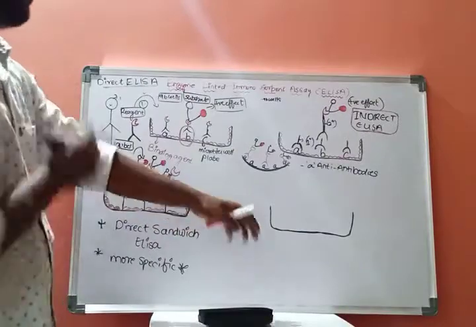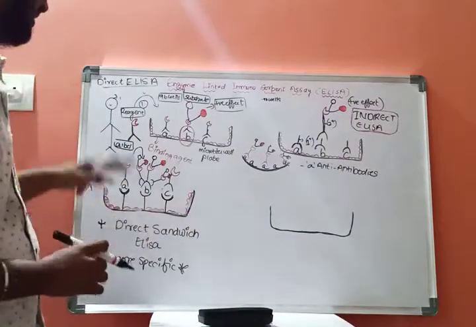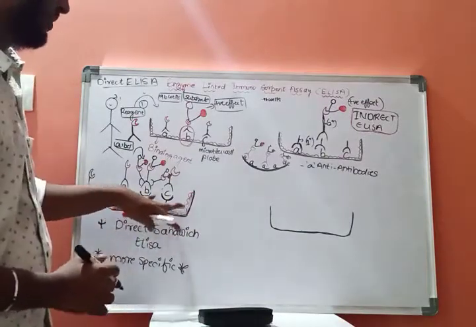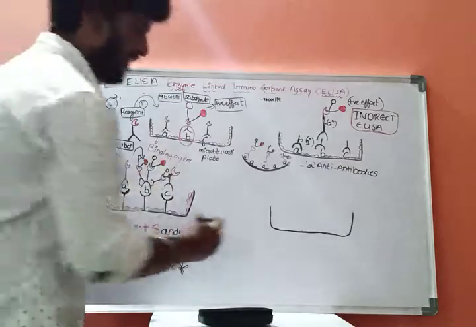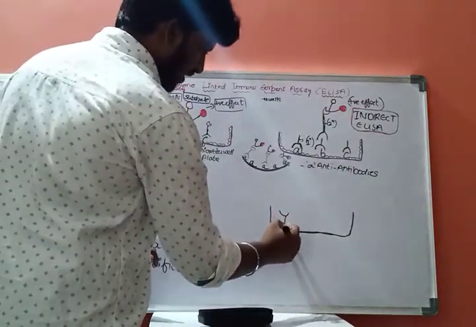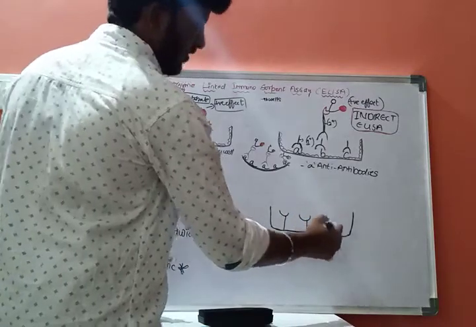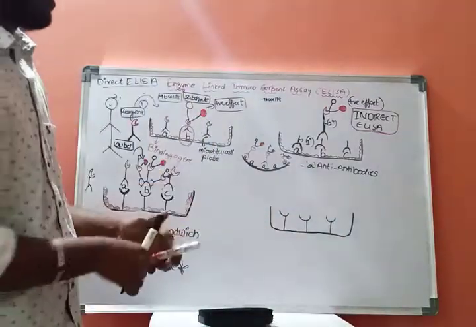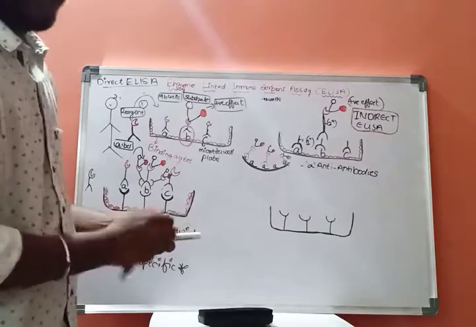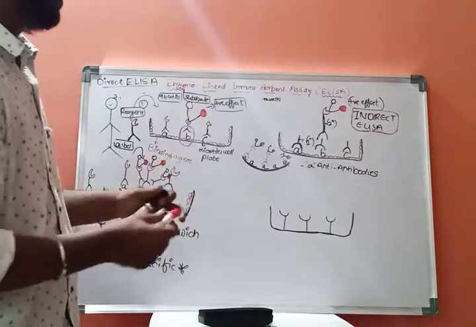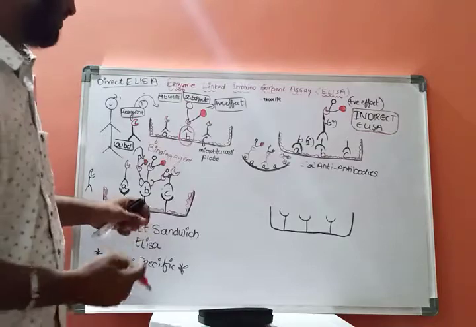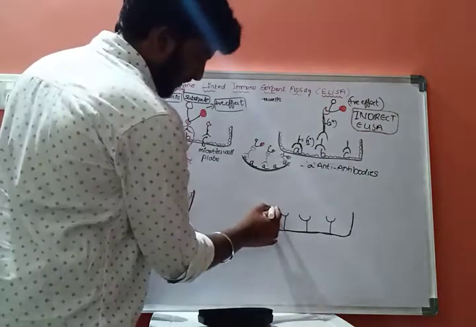A microtiter well plate is taken, and the primary antibodies are taken from the patient and injected on the surface. The primary antibodies will get attached to the surface of the microtiter well plate, and after the attachment of these primary antibodies, let us take a binding agent.